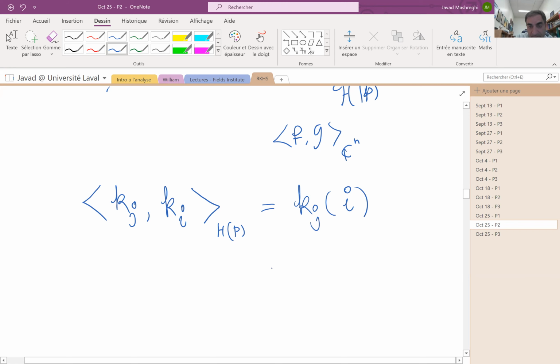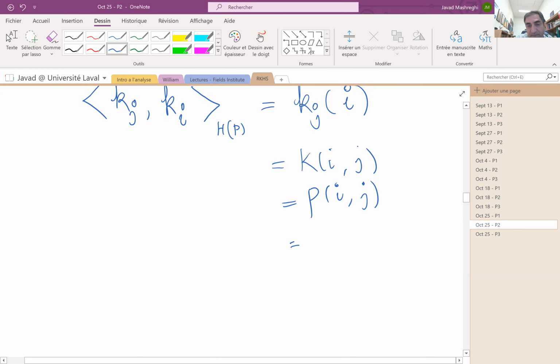And we saw that this is capital K, i, j, or capital P, i, j, which is the element in row i, column j, is P i j.